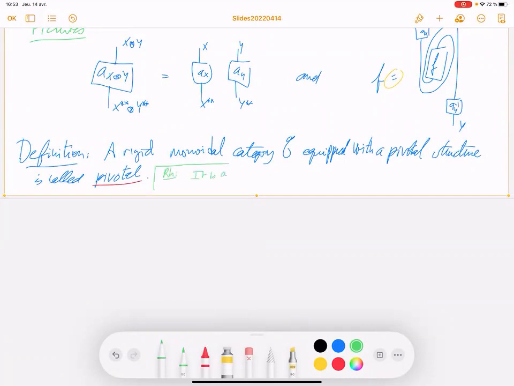It is an open problem whether every fusion category admits a pivotal structure. We don't know any fusion category without a pivotal structure. So it's a fundamental open problem.